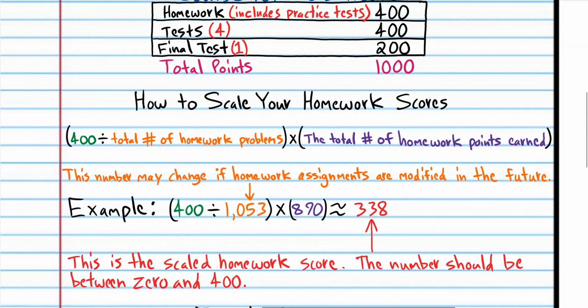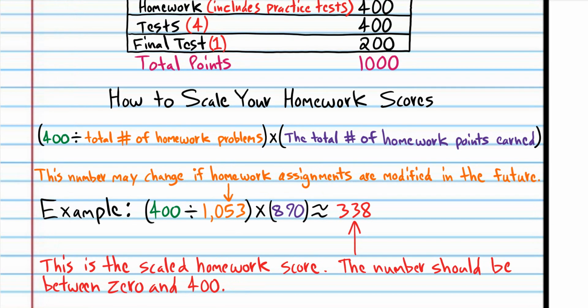Now, I counted a total of 1,053 problems, but that number may change depending on if I modify homework assignments in the future. So you may want to count the exact number, but as of now I count 1,053 homework problems. So you're going to divide 400 by that total number of homework problems.